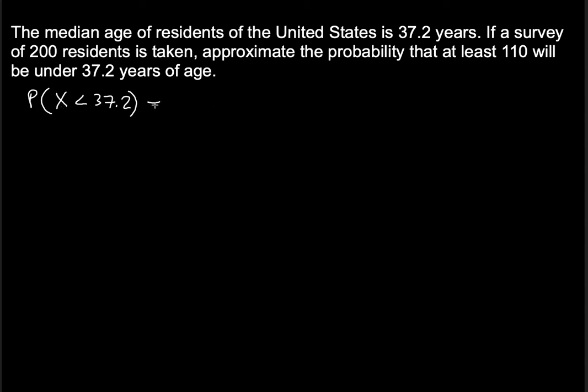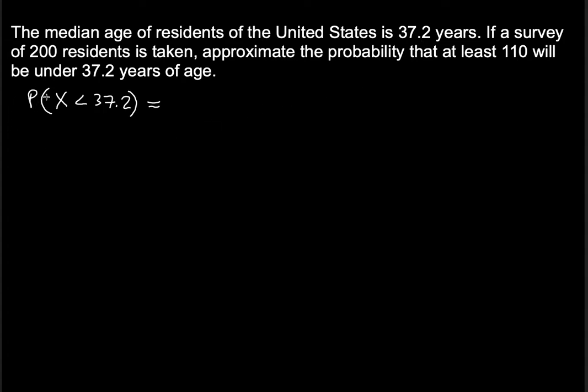Now this is actually given to you because it says the median age of residents of the United States is 37.2. So the median means half of the people in the United States will be older than 37.2 years of age, and half of the residents will be younger than 37.2 years of age, right?